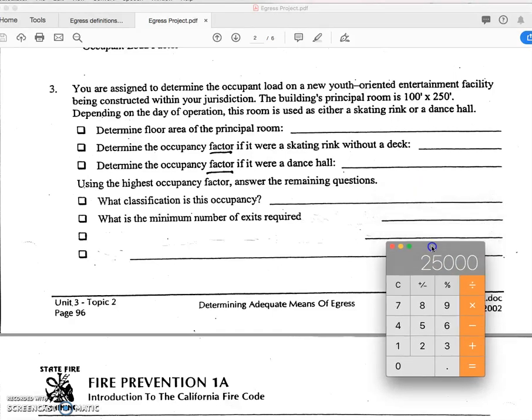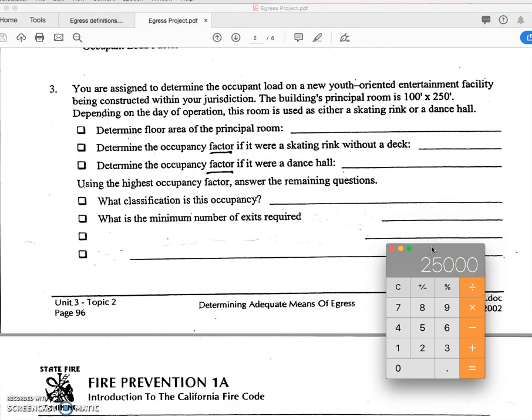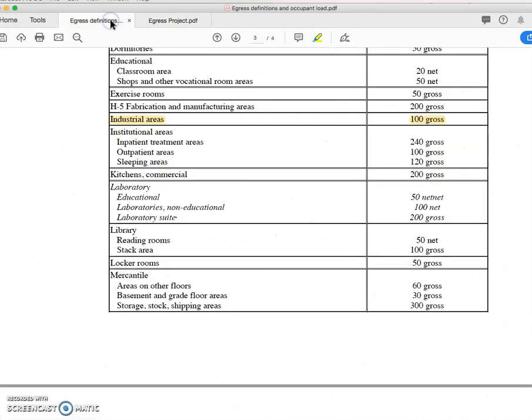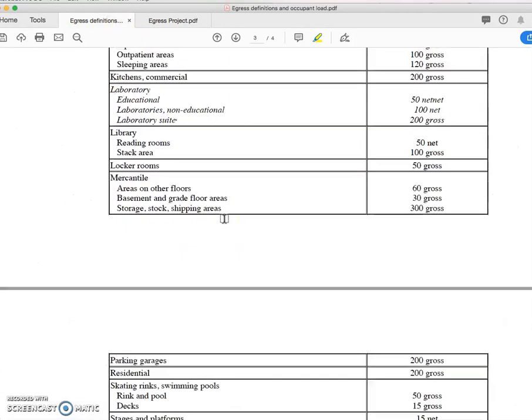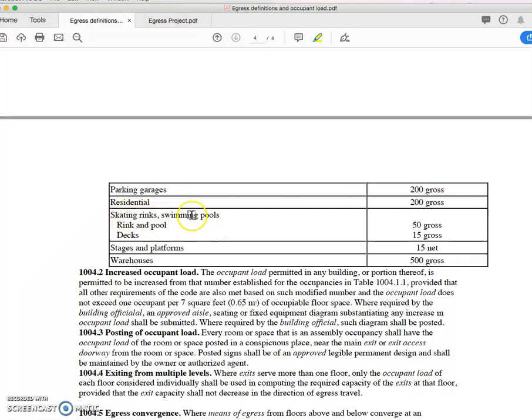Now, what if it was a skating rink without a deck, just a skating rink? Well, we go back to our egress definitions, and we have skating rinks, swimming pools, rink and pool, 50 gross. The decks are 15 gross, but we don't have a deck.